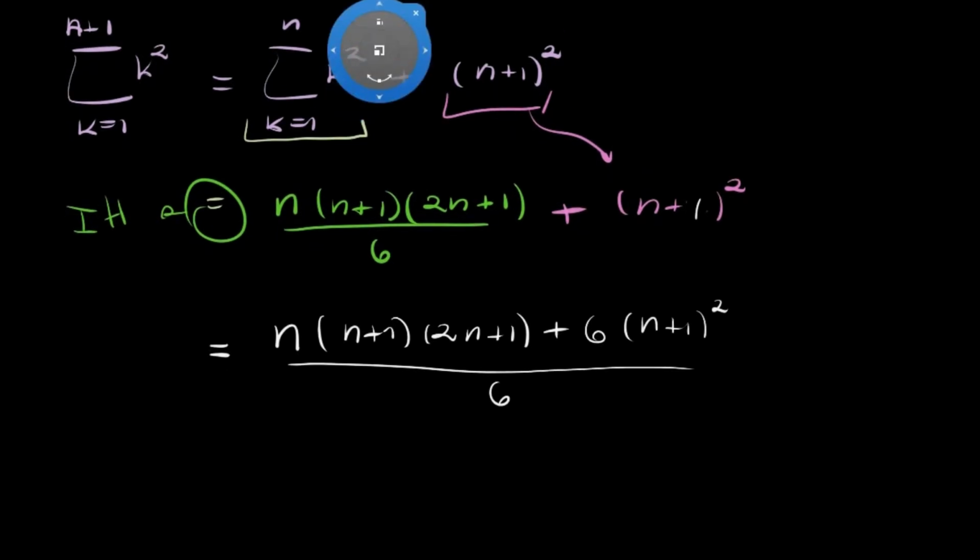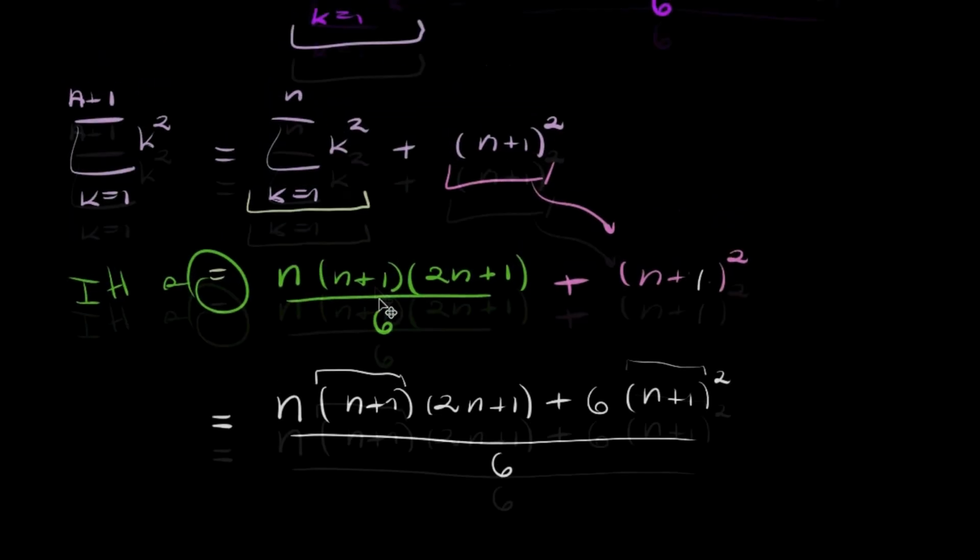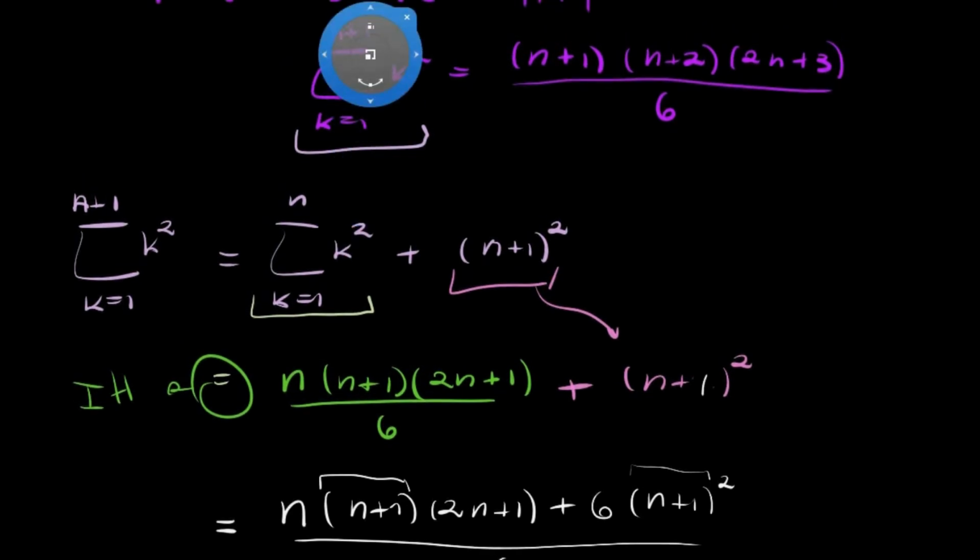And here we can see we have n plus 1 and n plus 1 squared. And it's important to always have in mind what we want to prove, because when we look at this, we say, okay, we want to have an n plus 1, so we don't want to cancel this with anything. We want to save this one.